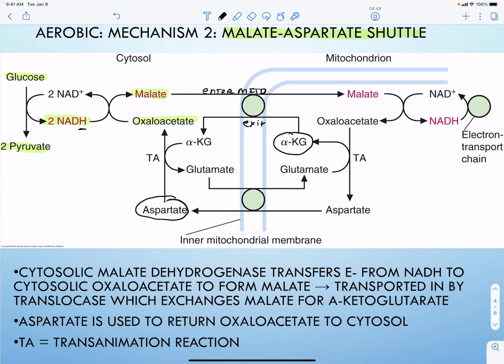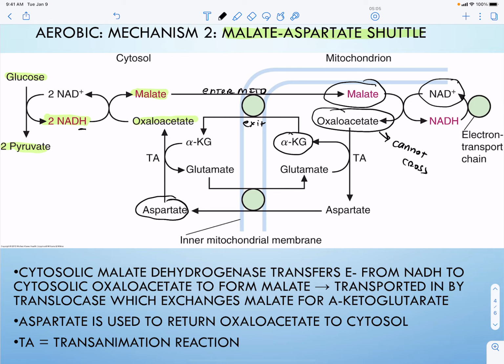Now, where does aspartate come from? Well, once malate enters the mitochondria, it's going to pass those electrons to NAD and regenerate oxaloacetate. However, oxaloacetate cannot cross the membrane. Whether it's in the cytosol or in the mitochondria, it's stuck wherever it's made. And so oxaloacetate via transamination with glutamate will generate aspartate, and now aspartate can leave.